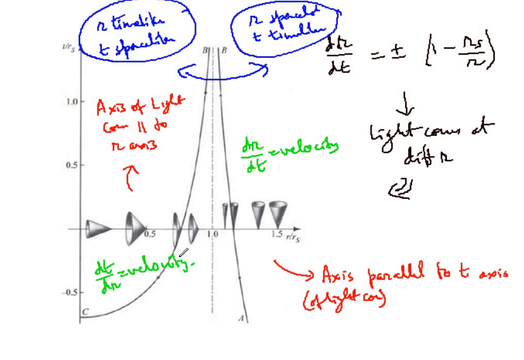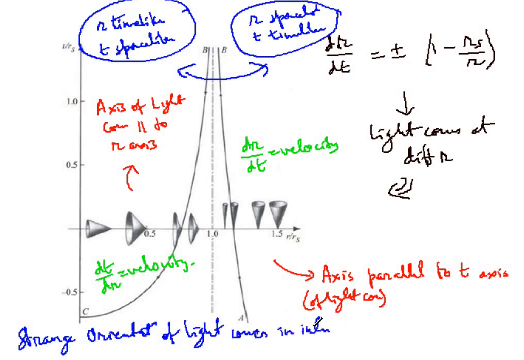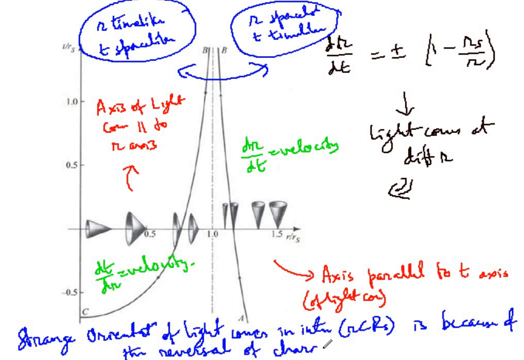Okay, so you see, the strange orientation of the light cones in the interior, r less than rs, is because of the reversal of character of coordinates. I am writing down the important points over here.